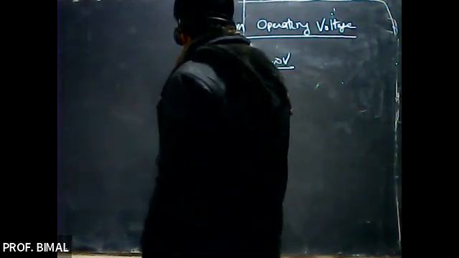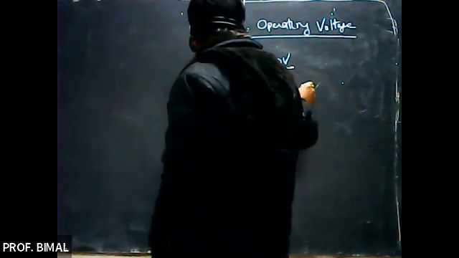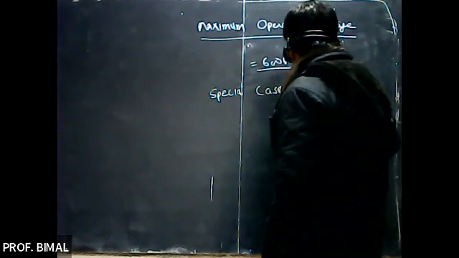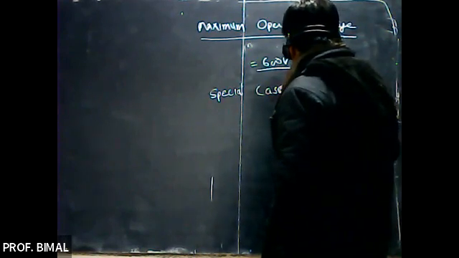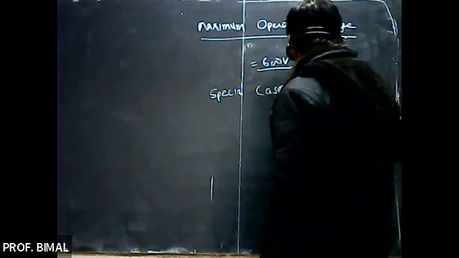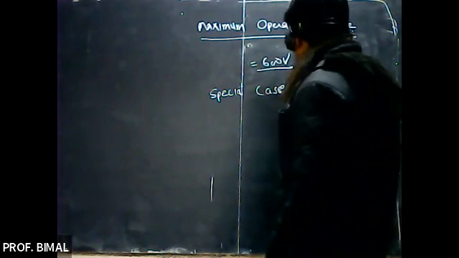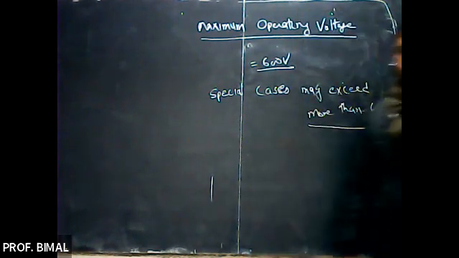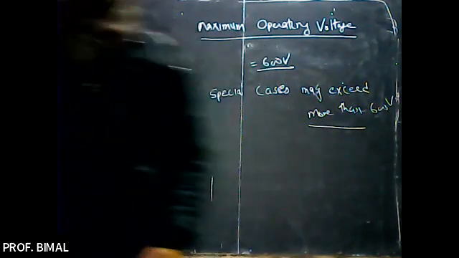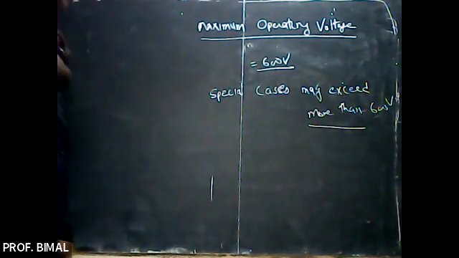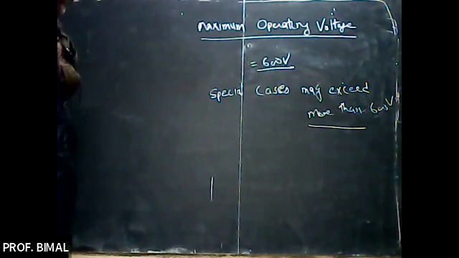in special cases, this may exceed more than 600 volt. Why is it so? Because in this particular case, we also have to consider all important specifications like insulation and temperature, right?